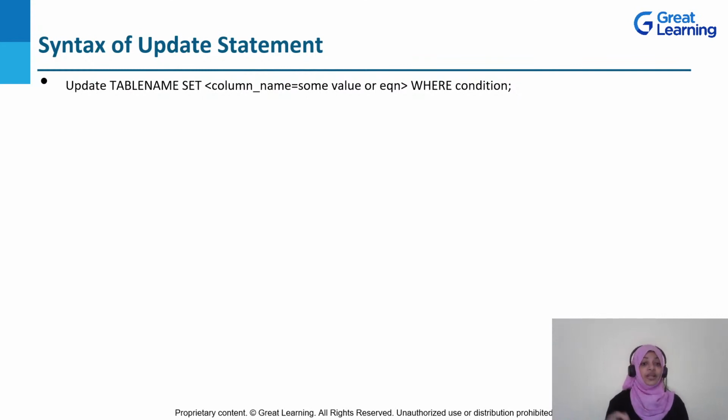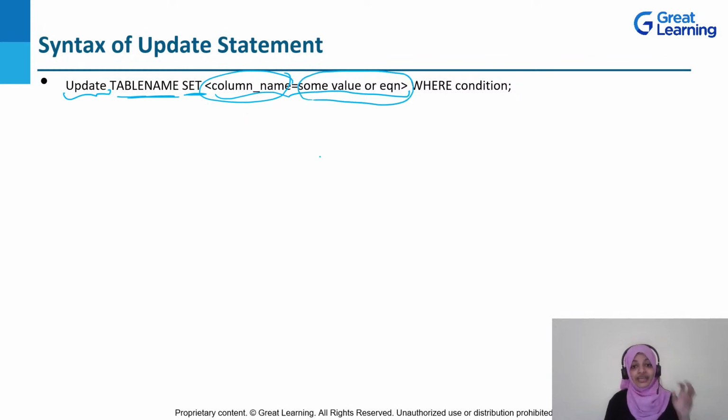So, syntax of update statement, we've got update, which is a keyword, table name, which by now we know is the name of the table that we're trying to update. We've got the set keyword, wherein we're actually setting what needs to be updated. All right, we are going to state two things here: the column name where the data needs to be updated, and the actual value or the equation using which that update has to be made.